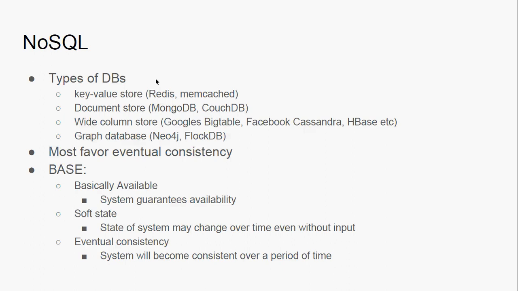Basically, when you say NoSQL, it's non-relational data, and semi-structured non-relational data is mostly a candidate for NoSQL. And these are some of the types of NoSQL databases in use today.